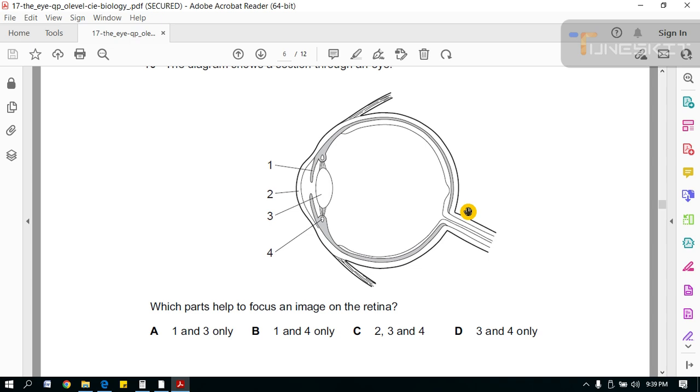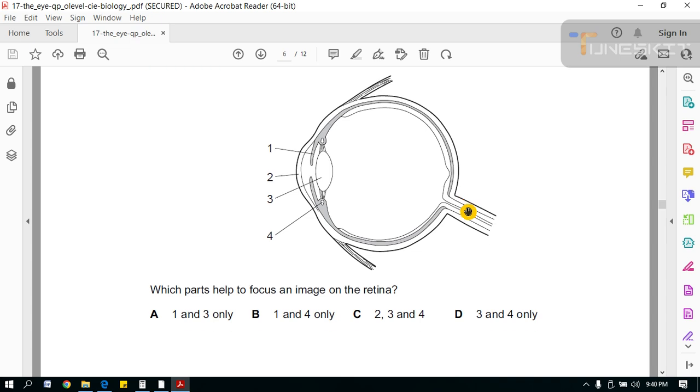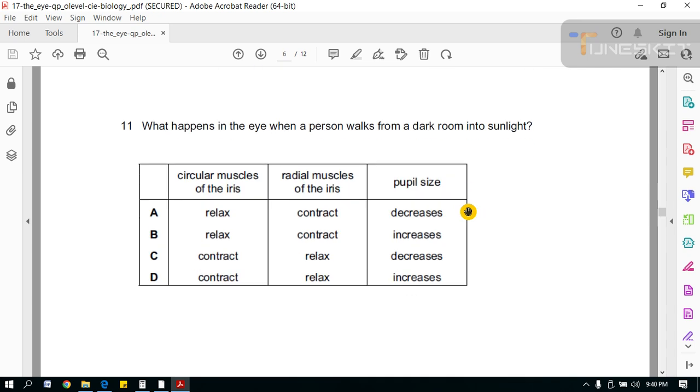There is contraction and relaxation, which may make the lens thick and thin, but for the specific function of image formation, these are the two structures, 1 and 3. So option A is correct, 1 and 3 only.